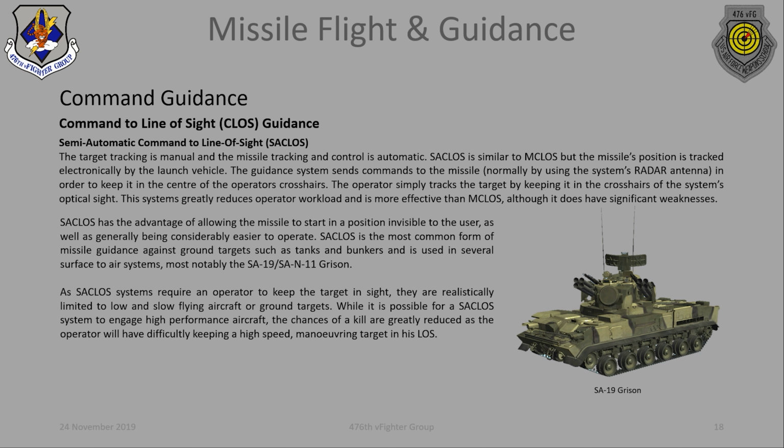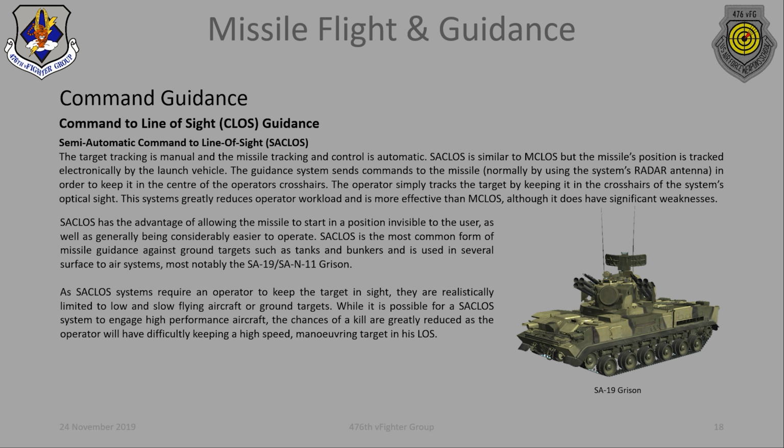Downsides of SACLOS is it's not great against a high speed, or more accurately a high line of sight rate target. So if you've got a target that is crossing your line of sight, moving at high speed, or maneuvering around a lot, changing direction, the system is very hard to keep on target. One of the advantages of it is it does have a slightly lower possibility of intercept in terms of the RF side of it.